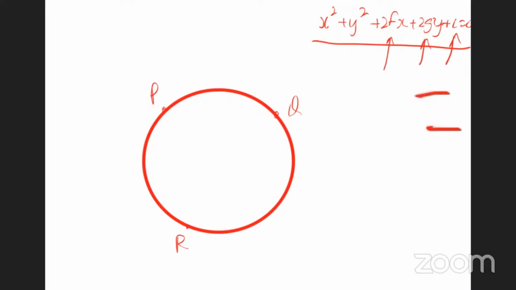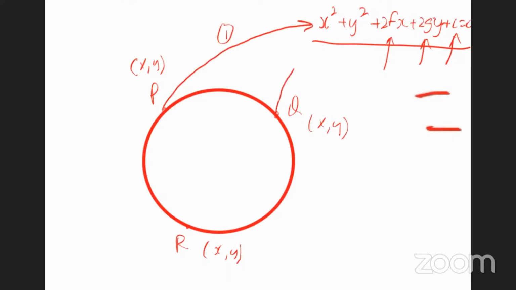But we have 3 points on the circle, and each point has an x and y value. 3 unknowns, so how many equations do we need? 3. Take the point P, put it in here, and that will give you one equation. Take the point Q, put it in, and that will give you the next equation. Take the point R, put it in, and that will give you a third equation. Then you solve the 3 equations simultaneously to find f, g, and c. That's method 1.